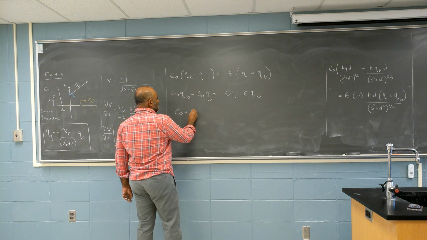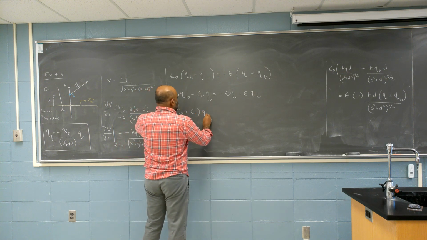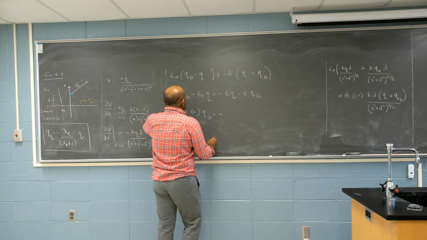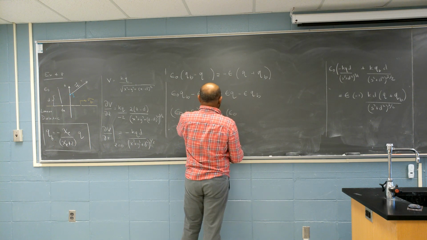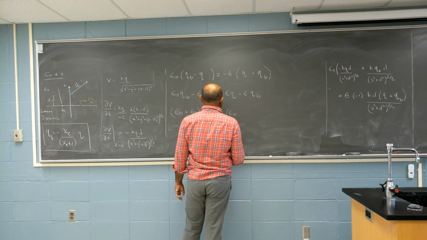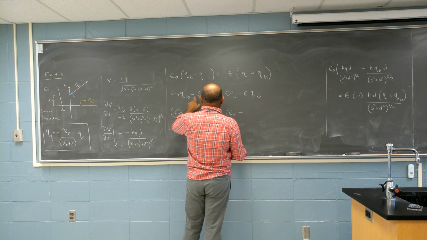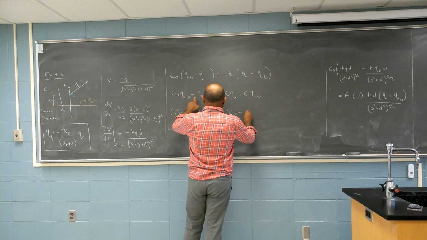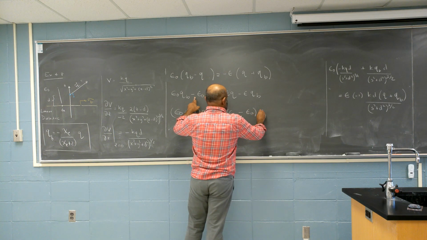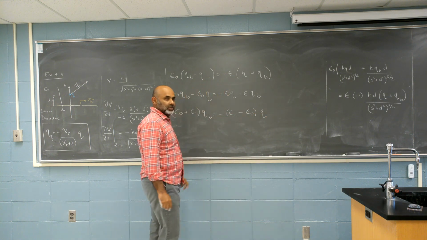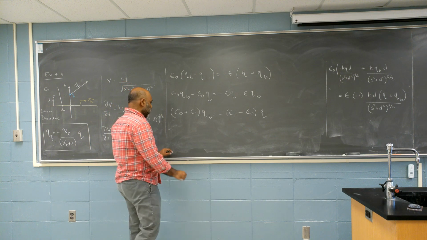Epsilon plus epsilon naught times QB is equal to minus epsilon plus epsilon naught times Q. Is that true? I hope this is correct.